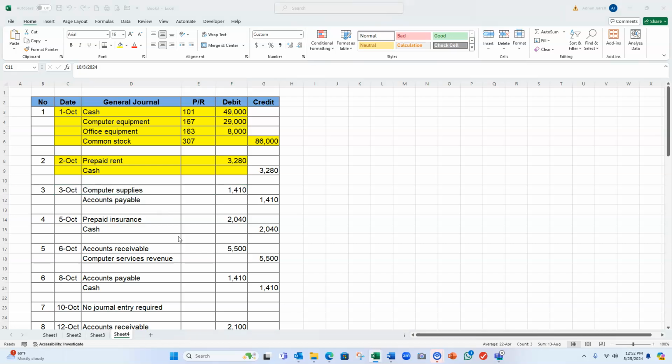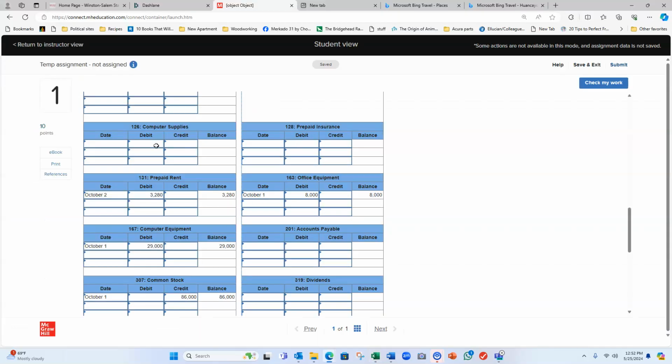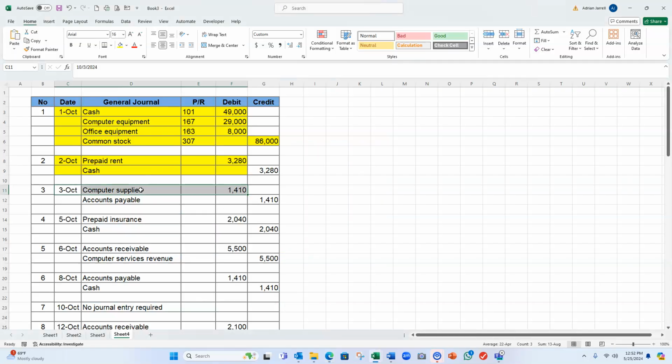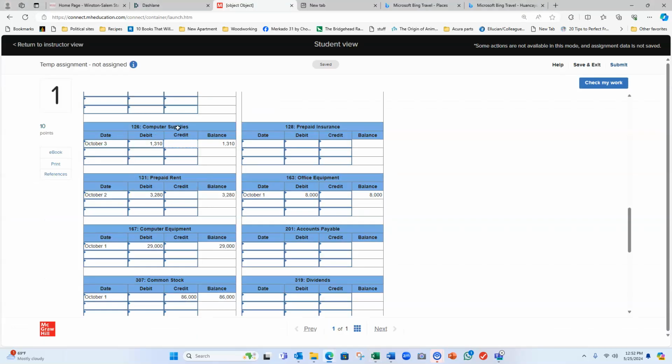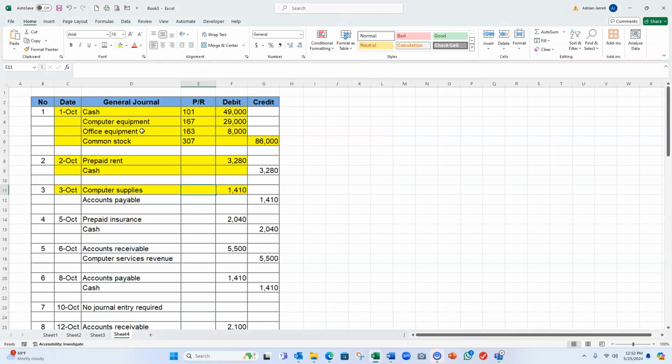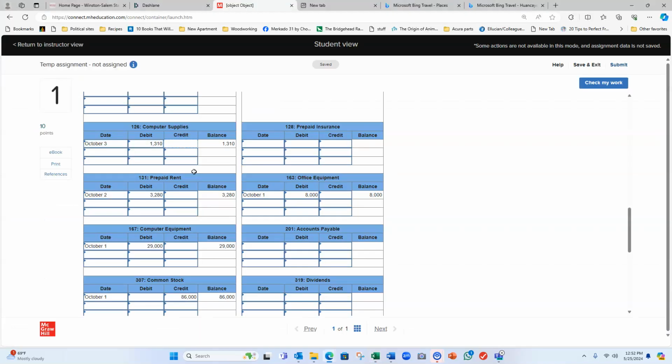Computer supplies on the 3rd. And again, you would use the account number there in real life, 126. You posted this where prepaid rent is.